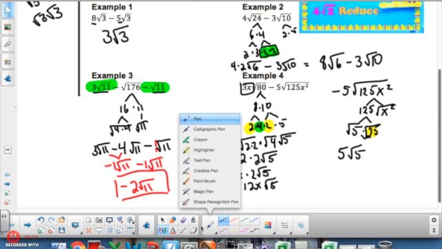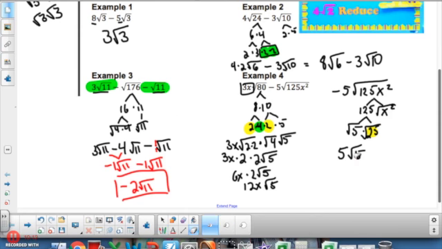And just to keep everything nice and neat, I'm going to pull that x down here. So the square root of x squared is equal to x, and the square root of 5 is still under the radical. So my final subtraction problem then, because remember this all stemmed from a subtraction problem, is, remember I have this -5 already there as a coefficient.